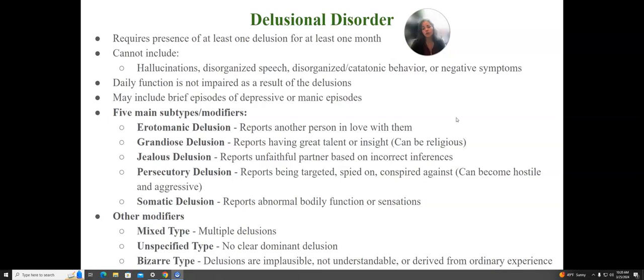Somatic delusions are where they report somatic, meaning body, right? They have bodily functions or abnormal sensations. And so there can be other modifiers where they have mixed, where they have multiple delusions, and unspecified, where they might have other delusional thinking that doesn't relate to any of those that have a clear category or diagnosis that's dominant, right?